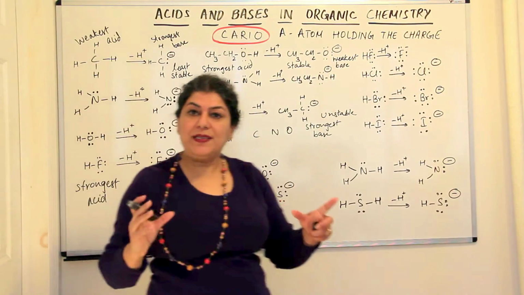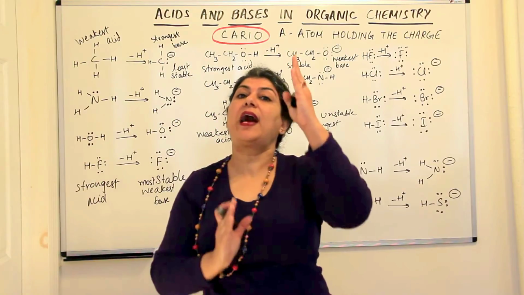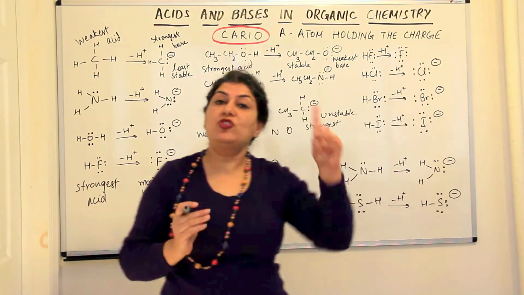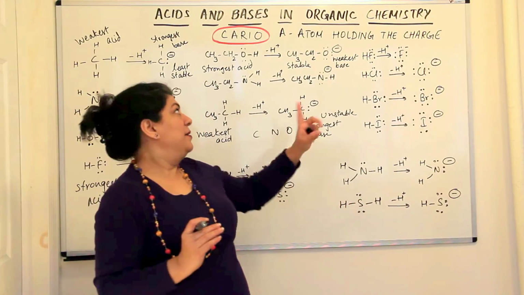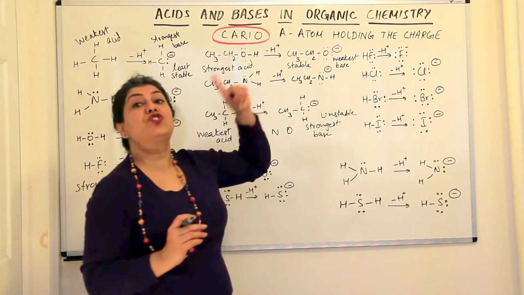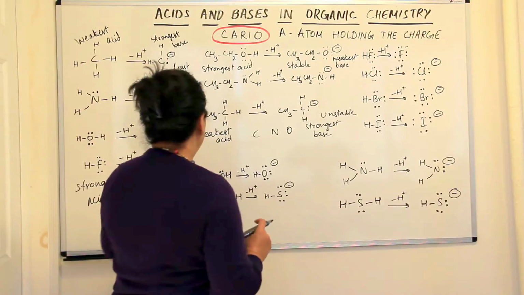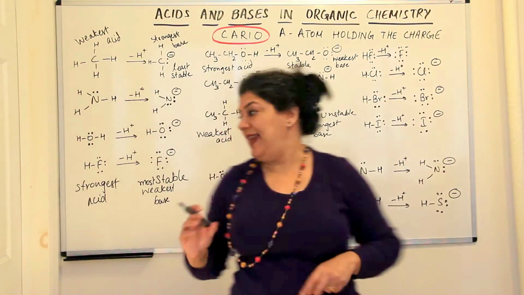Right? Stability and basicity, the trends are absolutely opposite. The most stable would be the weakest base, and the most unstable would be the strongest base. Right? So now let us come to this next problem.